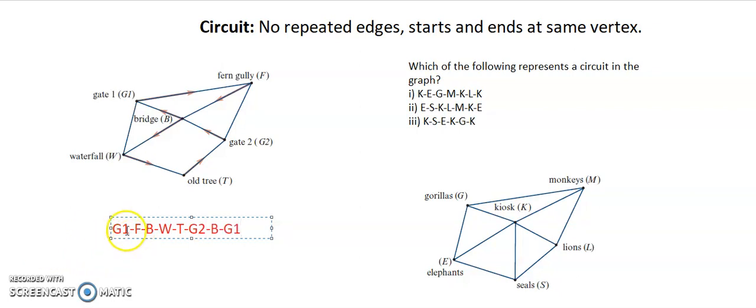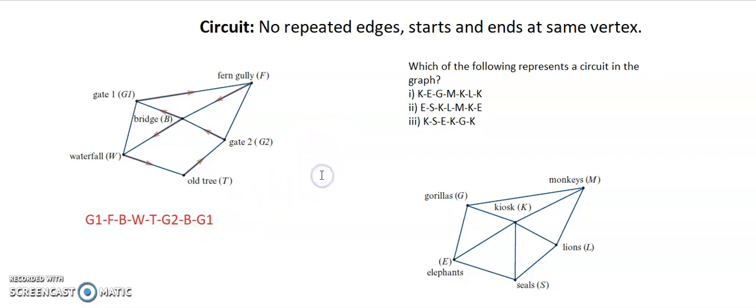So we finished on gate 1 and we started on gate 1. Now we haven't gone over the same edge. So even though we've got B and B, that's a vertex, so we can go through the same vertex, we just can't have the same edges for a circuit.